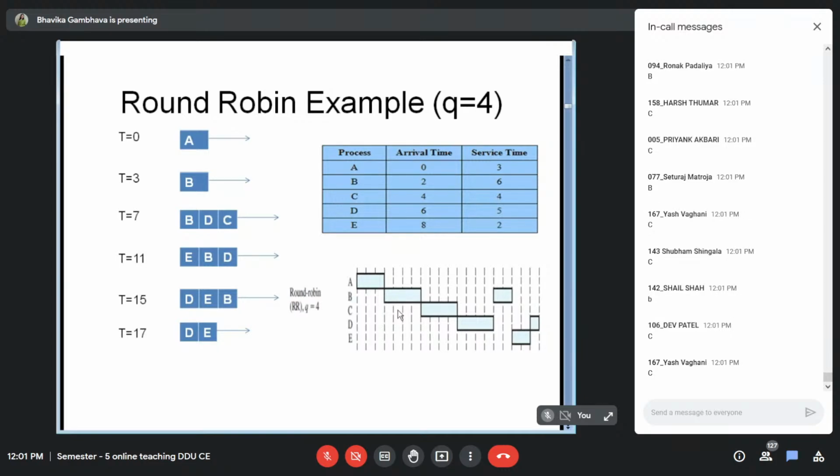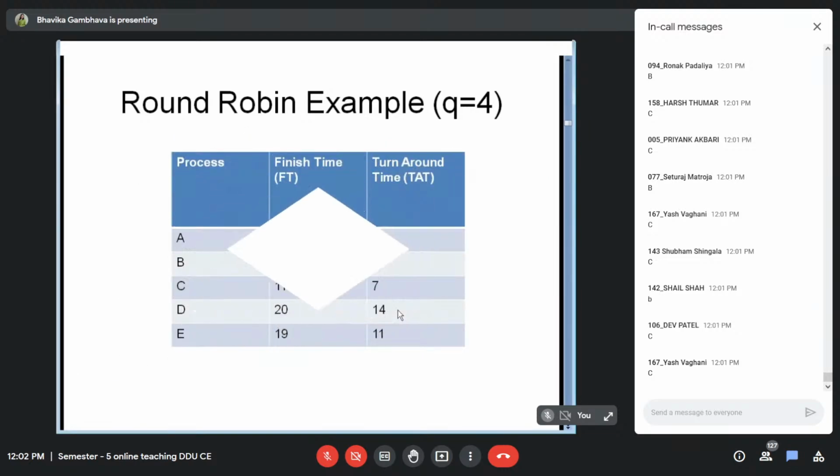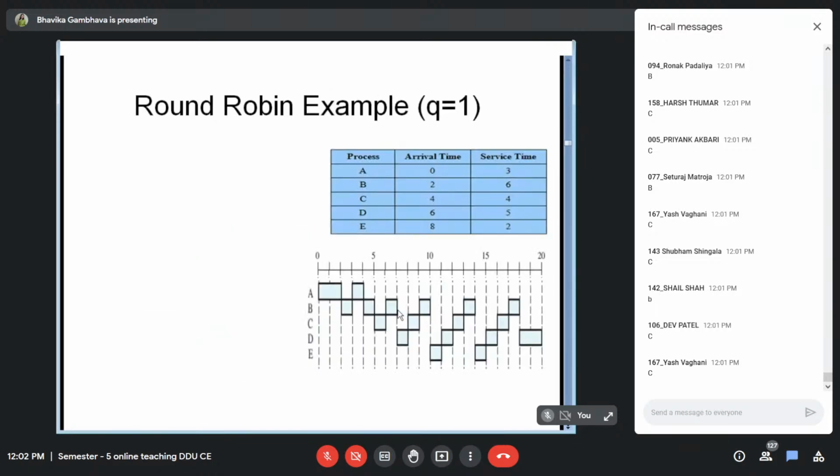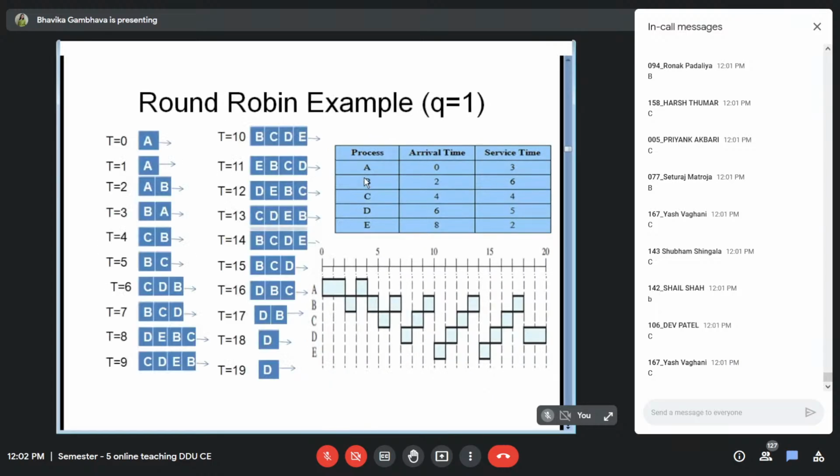See, you will have to maintain the queue properly. Please maintain the queue properly, then only your answer would be correct. See. A. Look at this.